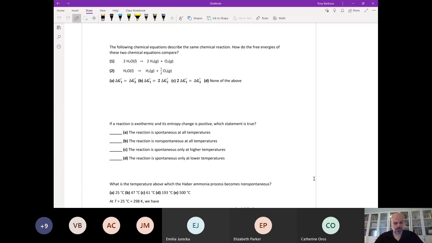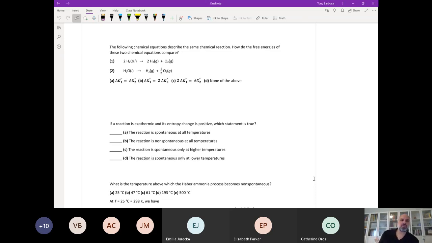It says the following chemical equations describe the same chemical reaction. How do the free energies of these two chemical equations compare? So think about these two different reactions and think about the free energy of each of these reactions, and then compare the two different reactions to each other.